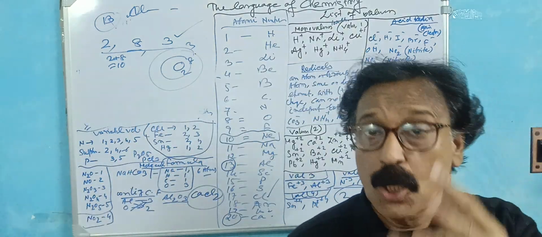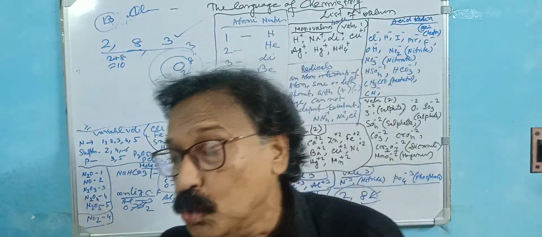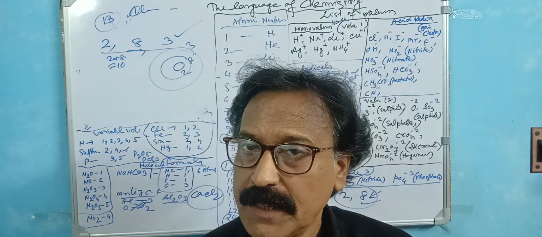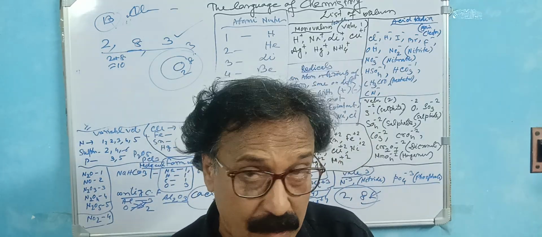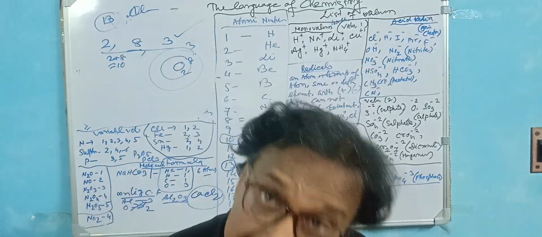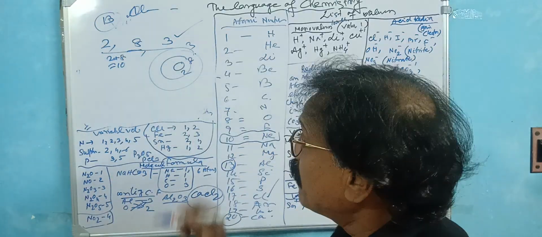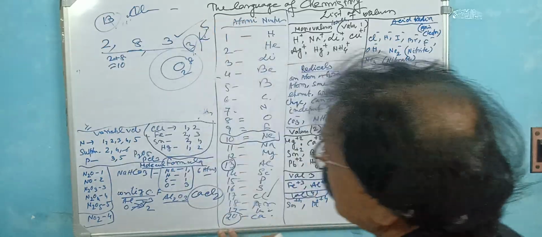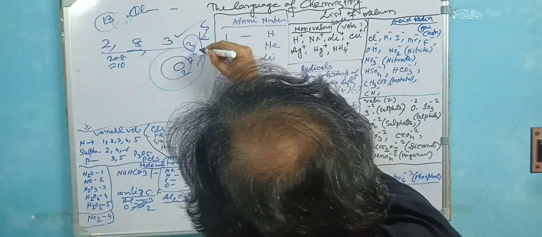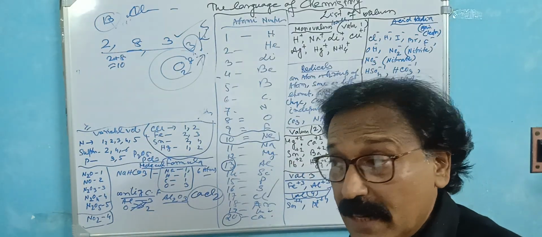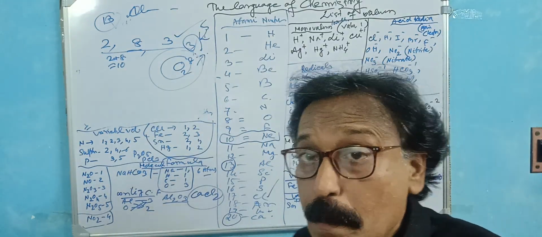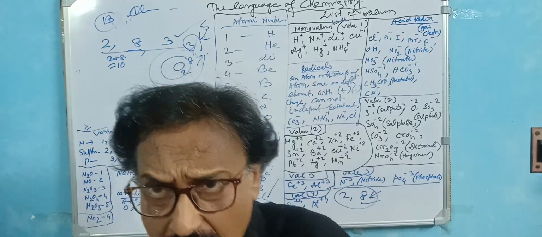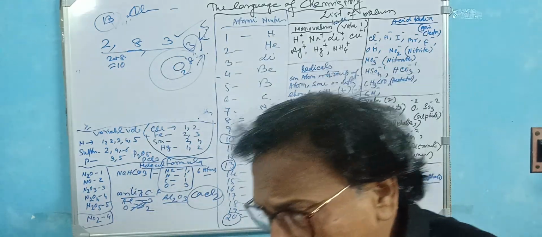3. So now, does aluminium lose or gain electrons? Each and every atom has a tendency to complete 8 in the last orbit. Now look here, if it accepts 5 electrons, this is 8, or if it loses 3 electrons, this is 8. Each and every atom has a tendency to minimize energy. Where will my energy expenditure be less? What is the minimum energy?